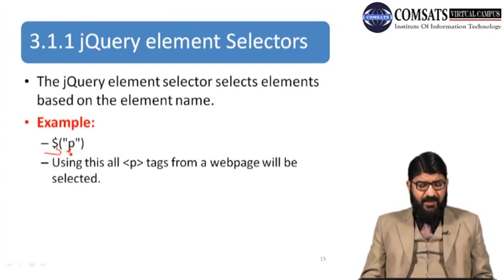The $ sign is used to define jQuery, and the p is used to find the paragraph element. So all the paragraph tags from the web page will be selected. You just need to mention the paragraph once.